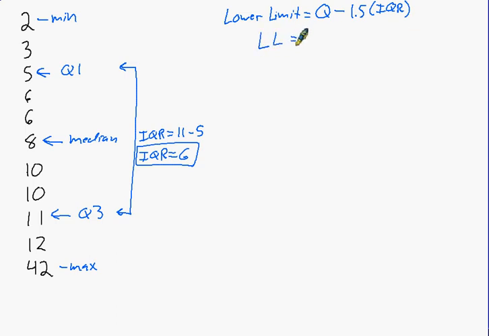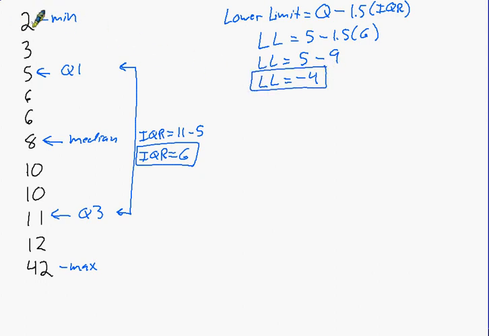So the lower limit in this case is going to be 5 minus 1.5 times 6, which of course will be 5 minus 9, which would be negative 4. So the lower limit's negative 4.